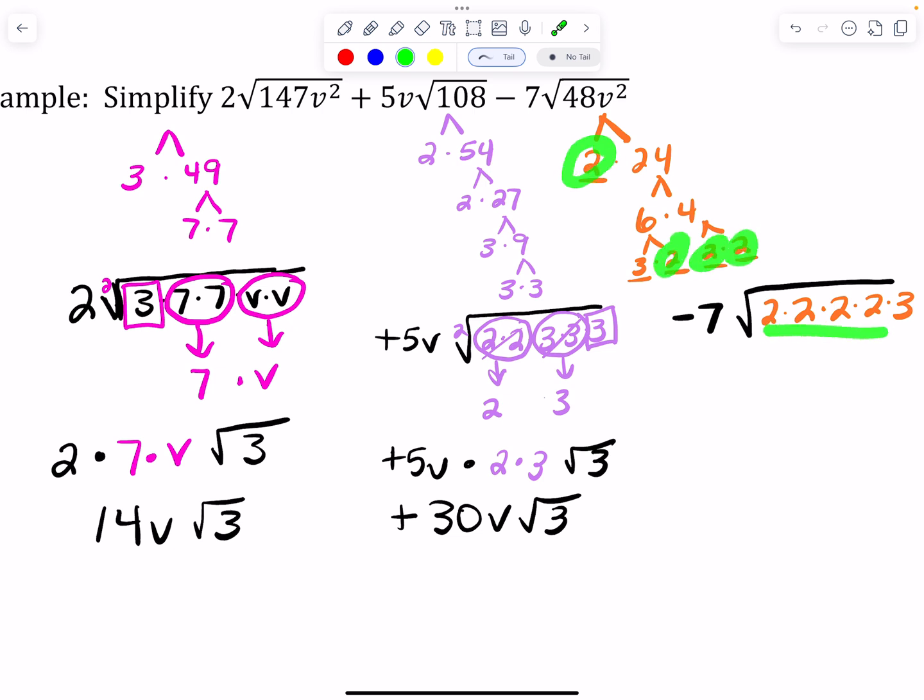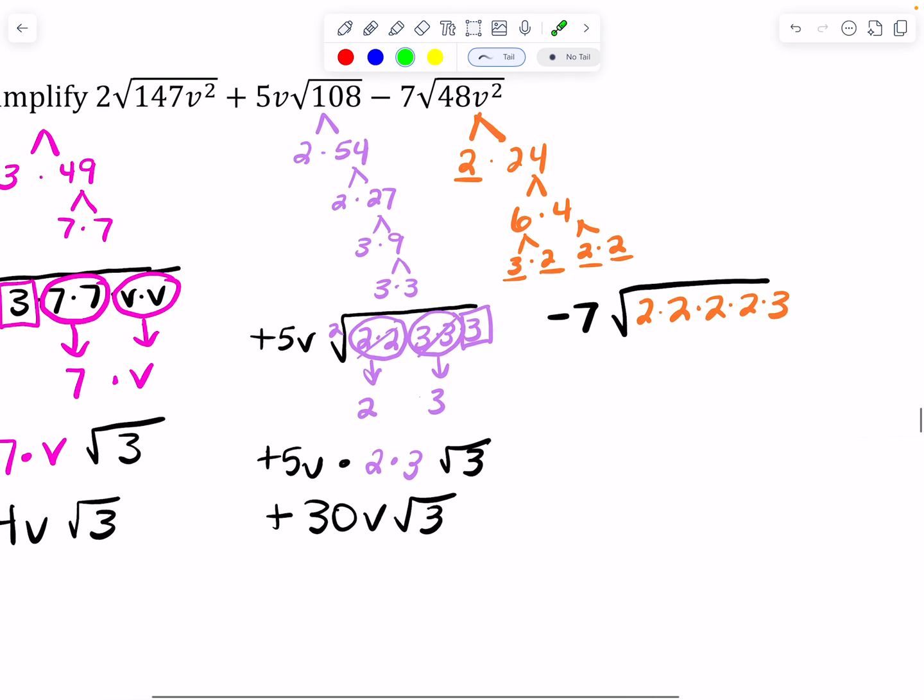We have 4 2's and then 1 3 here at the end. Now, we need to make a little bit more room because we can't forget our v squared. So we've got that v times v up at the top here. So we're going to bring v squared down.